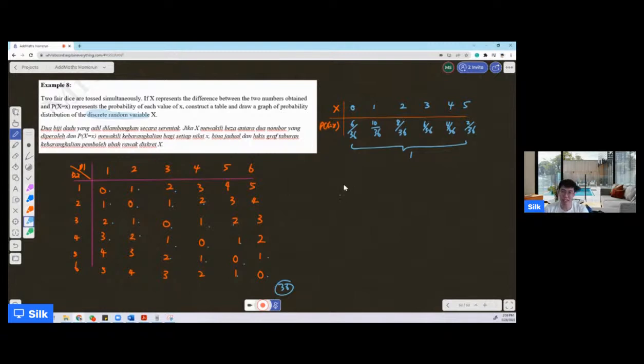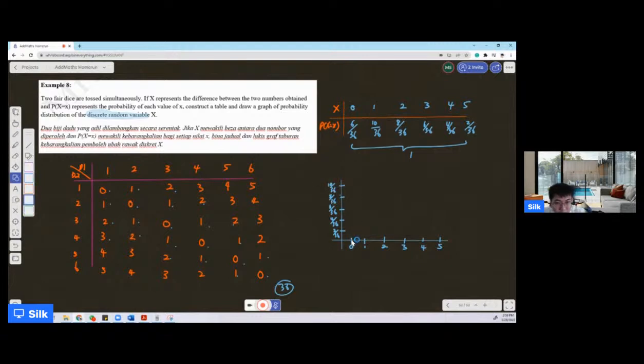Now we are going to sketch the graph. If you take a look at the graph here, this is my 0, 1, 2, 3, 4, 5. So I sketch it like that: 2 over 36, 4 over 36, 6 over 36, 8 over 36, and 10 over 36.